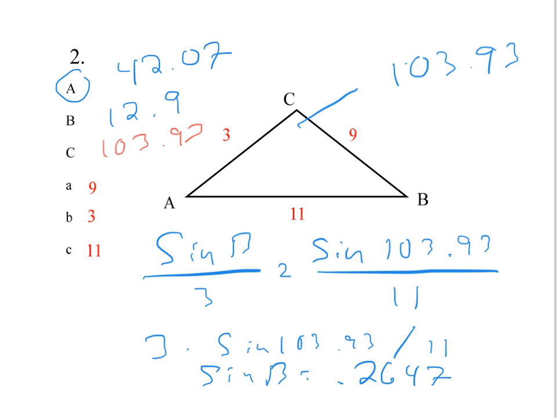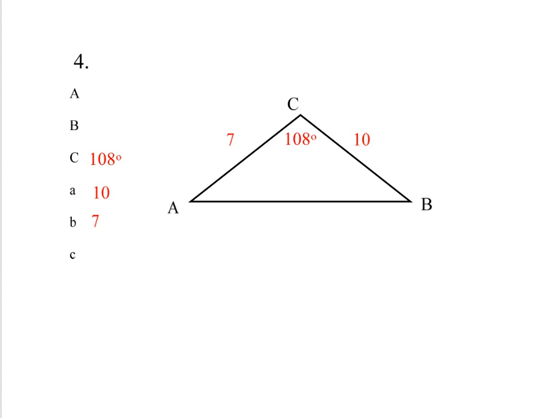Alright, let's do another one. If I look at this one right here, I can see I have a side, angle, side situation. Here's my side, here's my angle, here's my side. So I'm going to use the law of cosines and solve for little c right now.